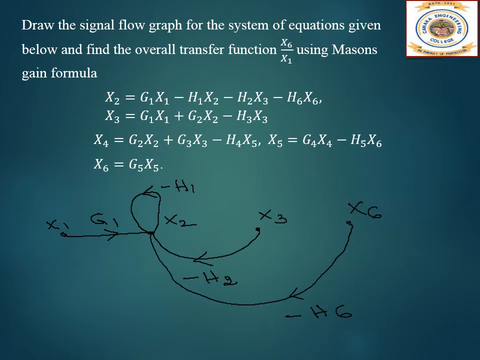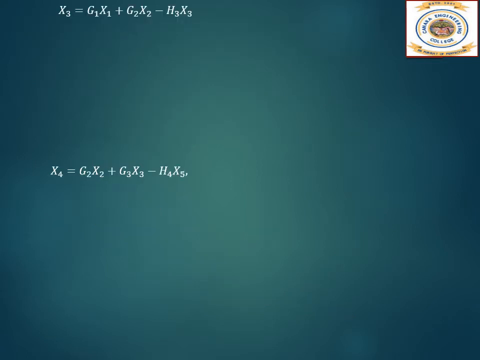Let us go to the next equation now. The next equation is x3 equals g1 x1 plus g2 x2 minus h3 x3. Let me again write here x1, then we have x2, then we have x3.